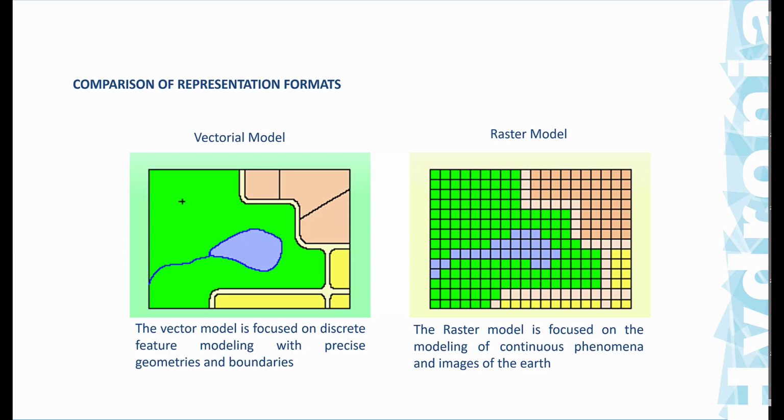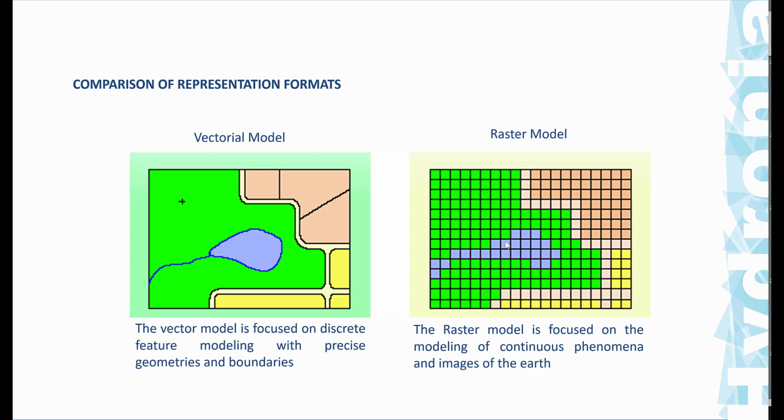These figures try to summarize or compare the different formats we have been looking at, the vector format or the raster format. You can see here that the representation of the vector model is more accurate. You have the exact shapes, for instance, if you wanted to show streets or a lake unit or some areas that represent parcels of land or something like that, it will be much more accurate.